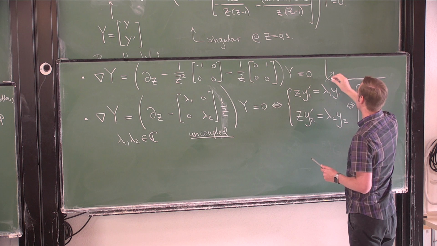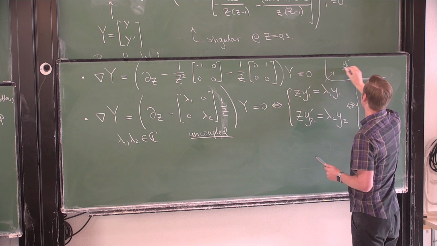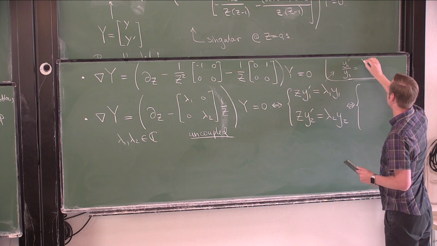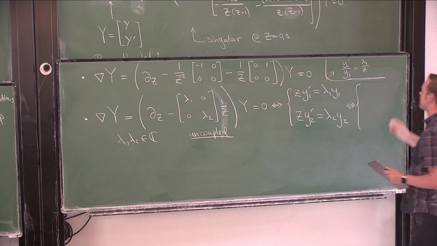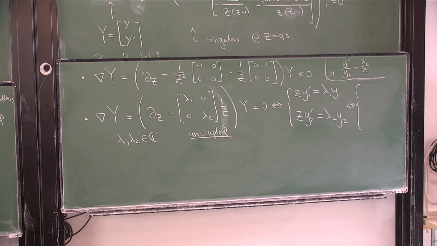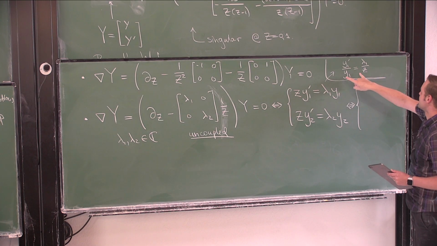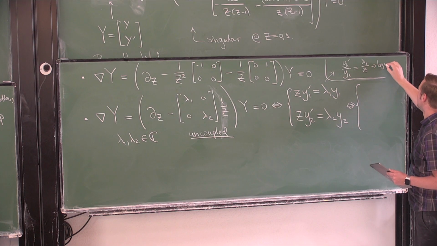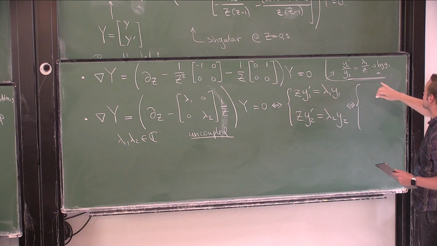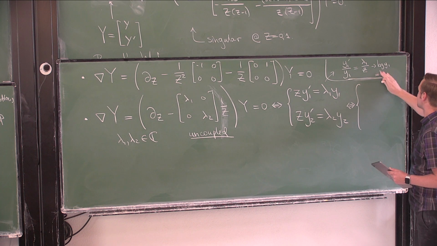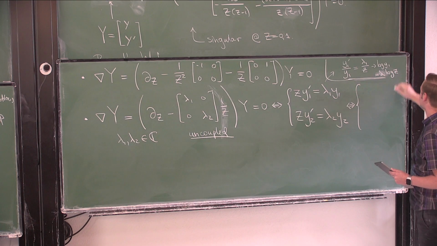The way you solve these things normally, just to remind you, is I think they call it separation of variables. So if I divide both sides by y1, and I divide both sides by z as well, then I can now just integrate both sides. The left hand side gives me log y1, and the right hand side gives me lambda 1 log z plus a constant.